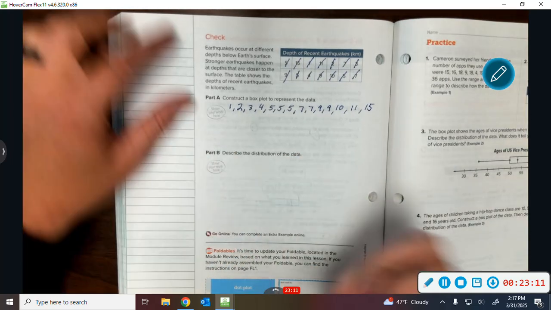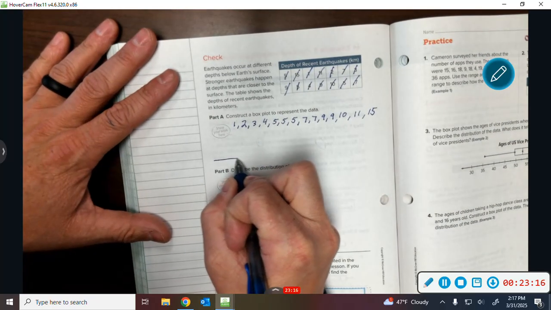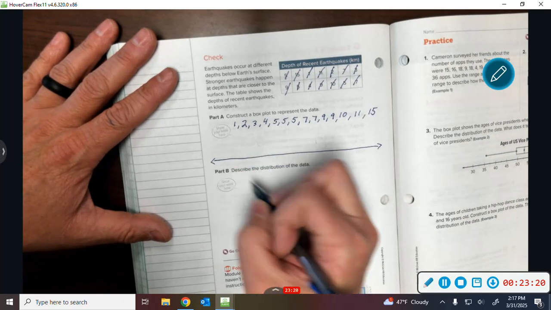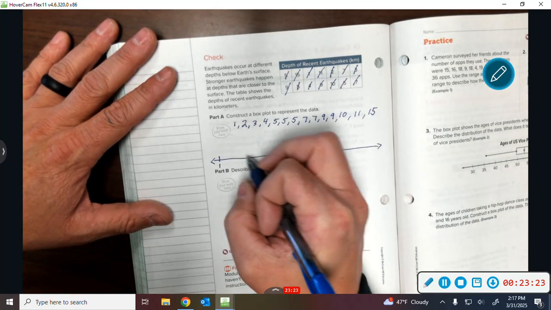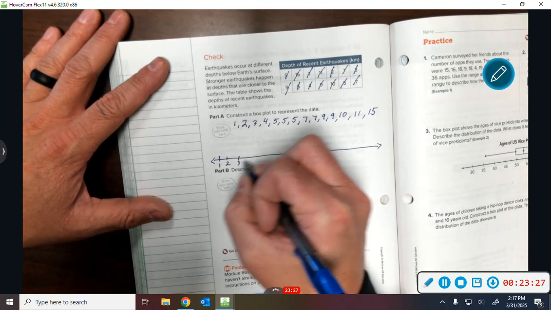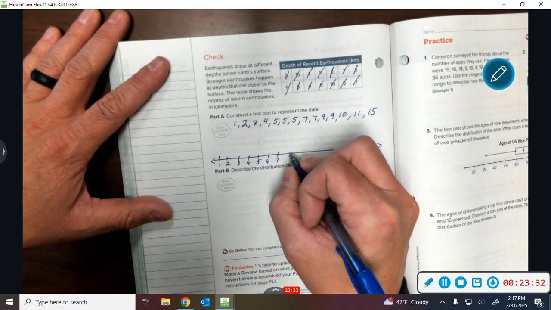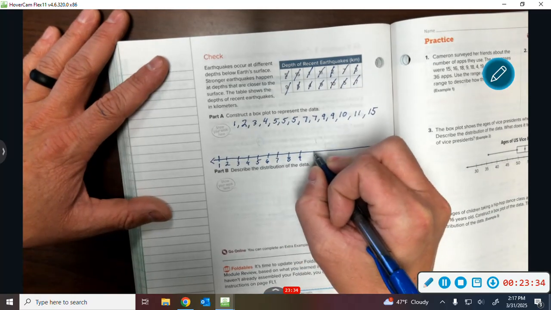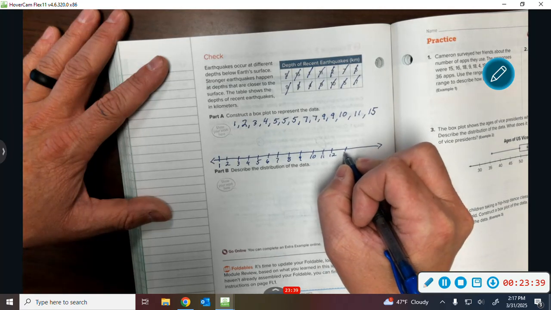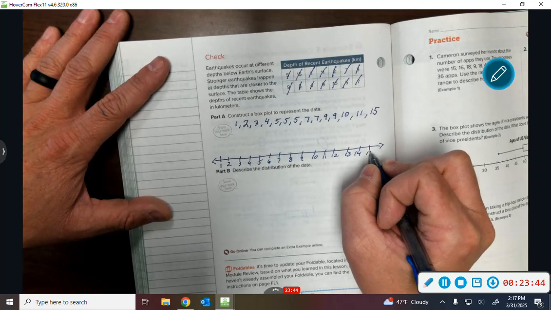So when we draw our number line, it is going to have to go from 1 to 15 at least. So let's put 1 here, 2, 3, 4, 5, 6, 7, 8, 9, 10, 11, 12, 13, 14, and 15.